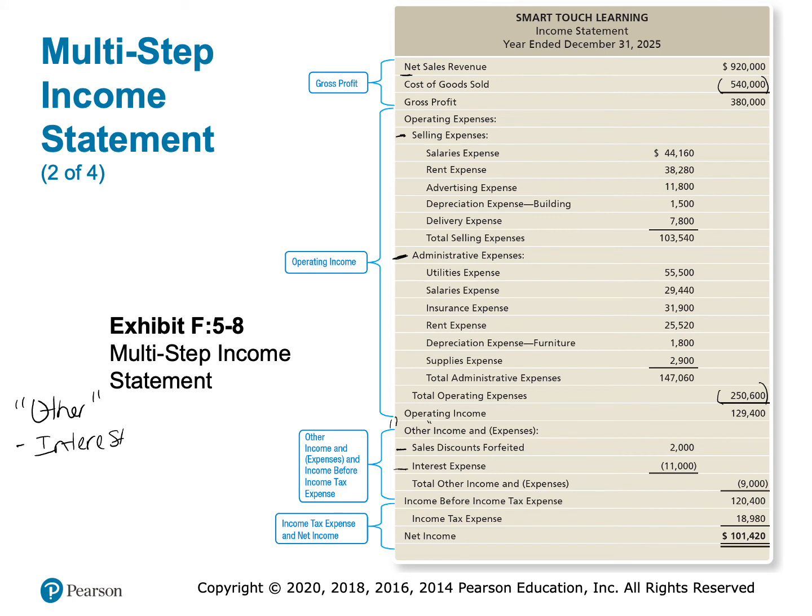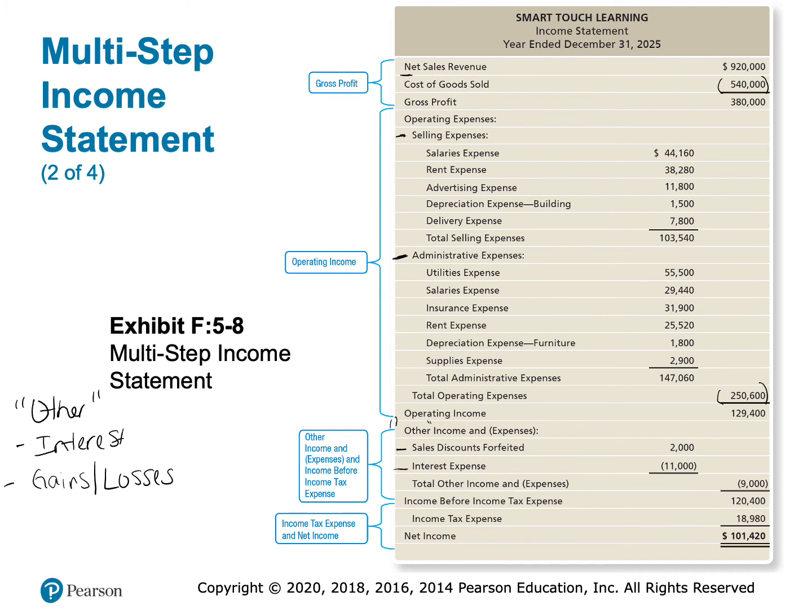Another thing that we'll commonly see down here in this other section are what we call gains or losses. Now we'll talk about these a lot more when we get to chapter 9, but essentially, let's say that you have a piece of equipment. You have property, plant, and equipment. Could be a building, could be equipment, could be furniture, anything like that. Anything that gets depreciated, and we sell that equipment.